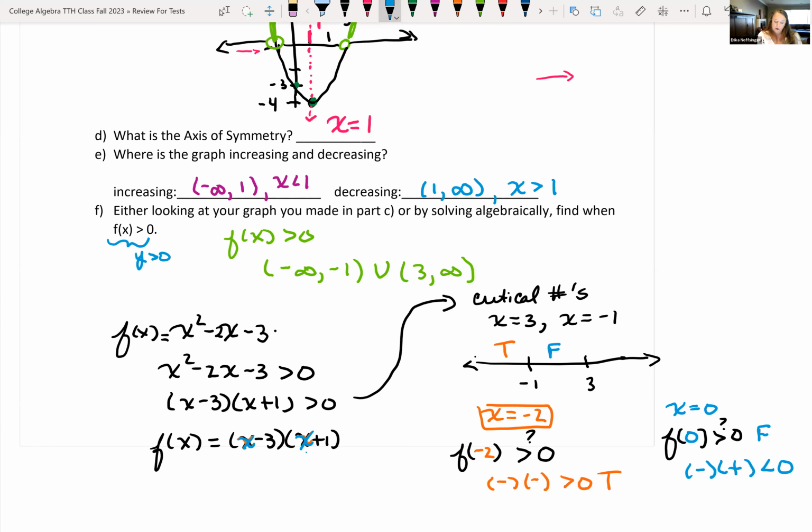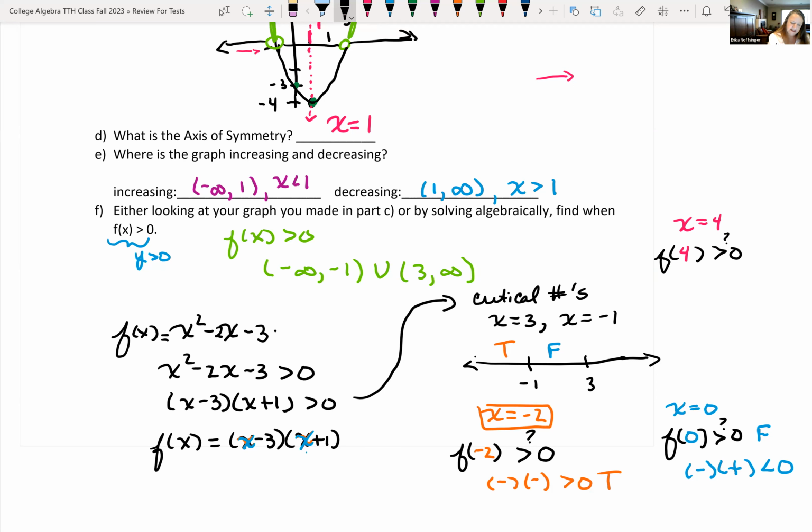And one more interval, something bigger than 3. If we chose x equals 4 and we plugged it in, is f of 4 bigger than 0? Again, we can look at positives and negatives.